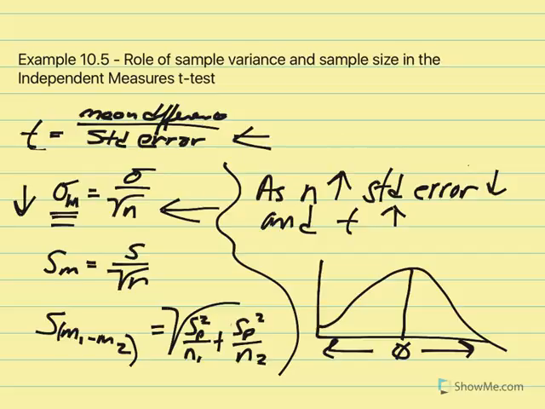Sample size, on the other hand, has no effect on the value of Cohen's d and only a very small influence on r squared. So again, variance does influence measures of effect size, but sample size has none or very little effect on measures of effect size.